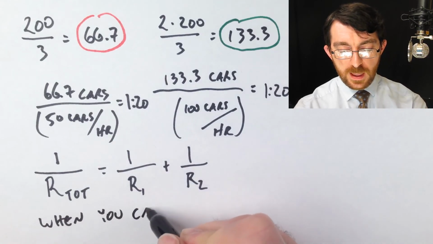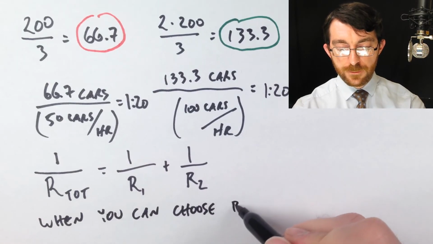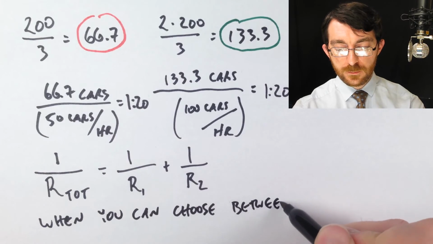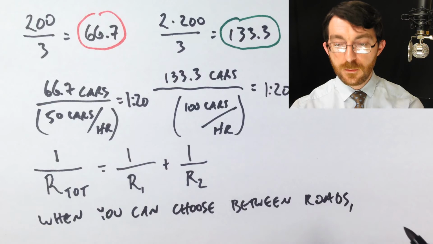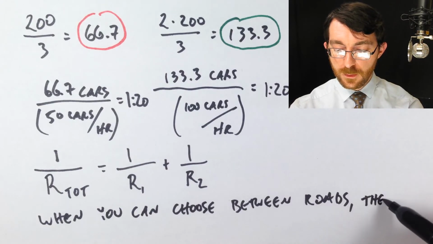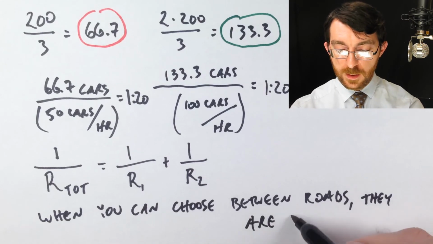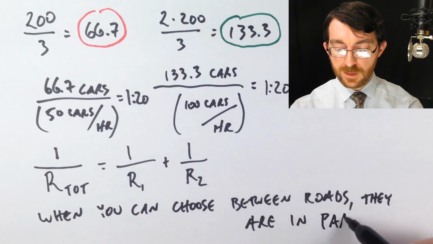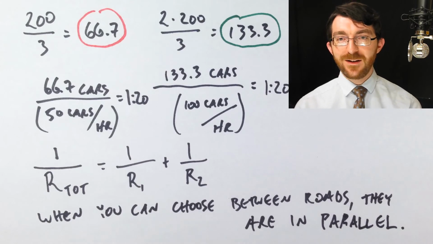When you can choose between two roads, there's a term for that. They are in parallel. That's parallel. Okay, it's the same as the geometrical.